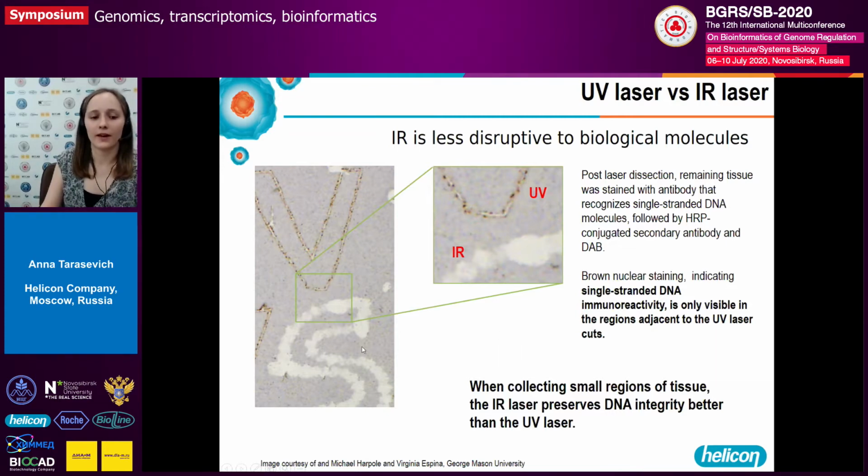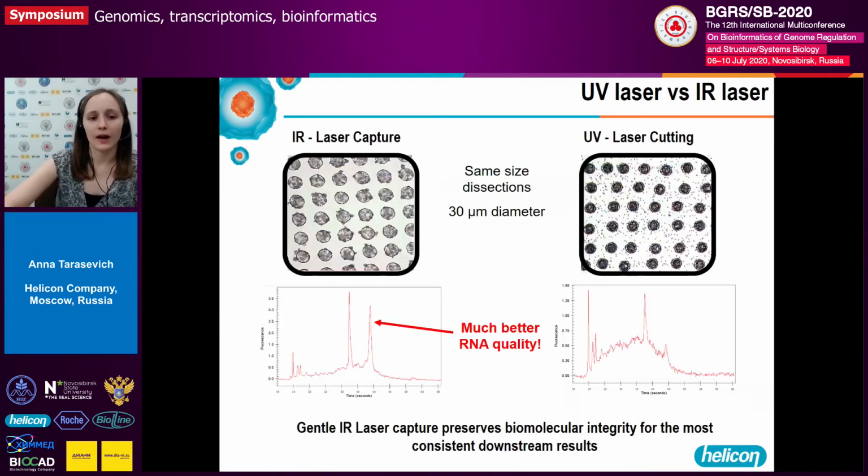So really the IR laser is more gentle, and it doesn't disrupt the tissue. This is another proof of principle experiment where single cells were captured, and we see that after the IR laser capture, we have a much better RNA quality in downstream analysis.